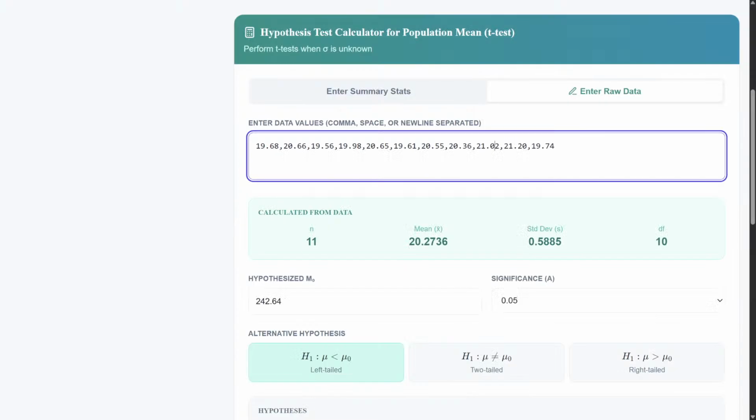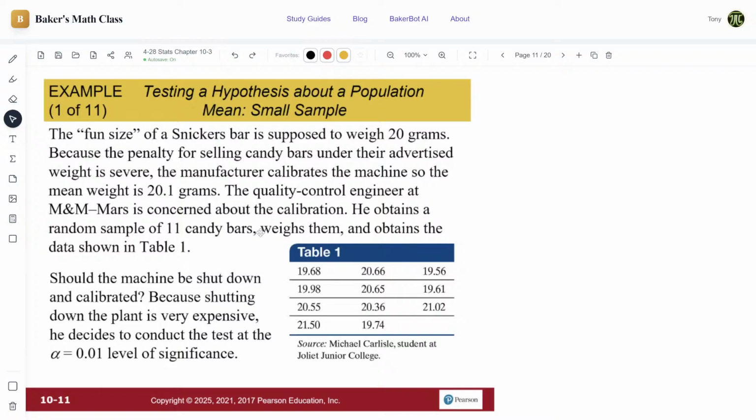All right. So they're trying to figure out if the candy bars they're selling are the correct weight.